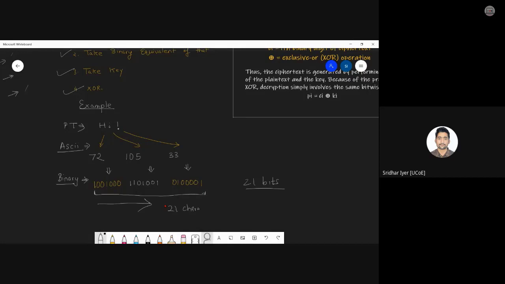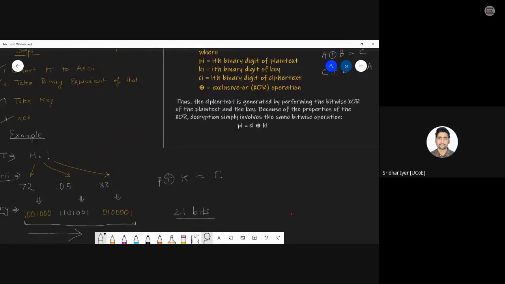So you have to take a key of minimum 21 bits so that you can XOR, because it is one by one, bitwise operation. So 21 bits of this plain text will be XORed with 21 bits of the key, and we will get the ciphertext. The entire process in the reverse order needs to be performed for decryption.